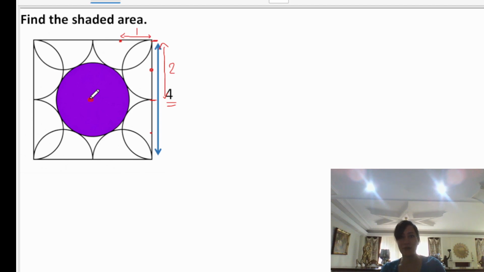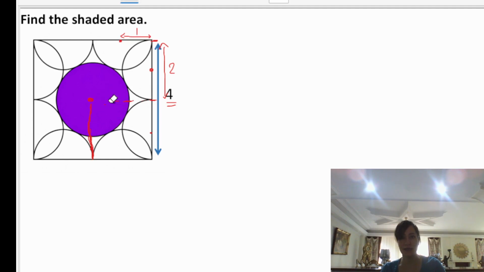If I draw a perpendicular line from the center of this circle to the border of this square, exactly here, we will see this length would be half of the side length of the square.